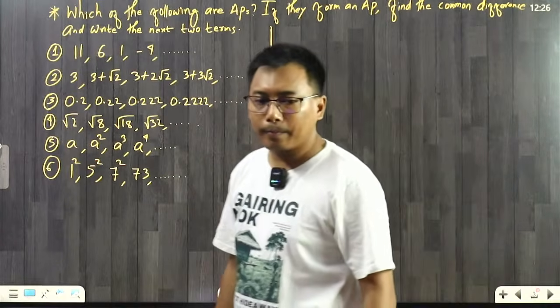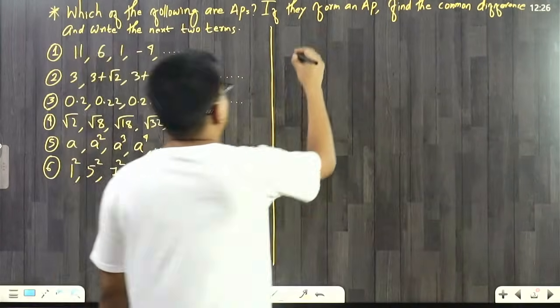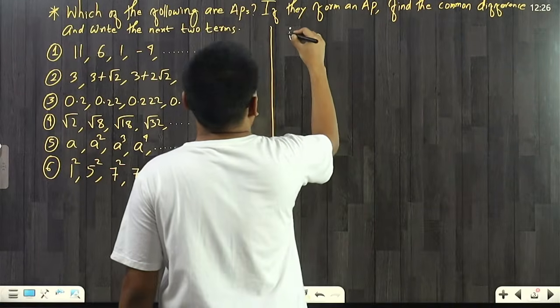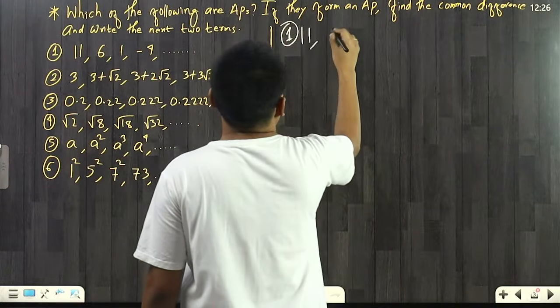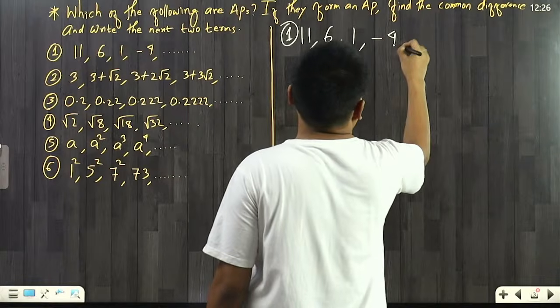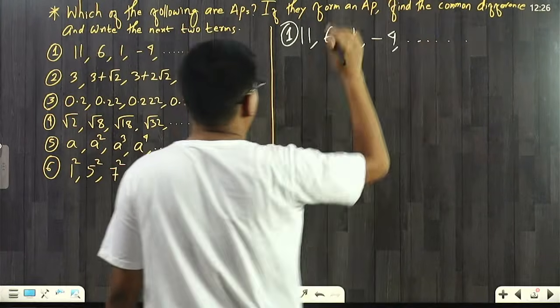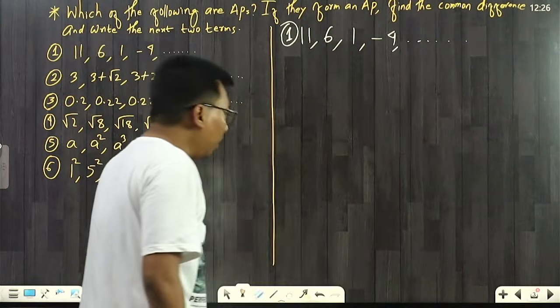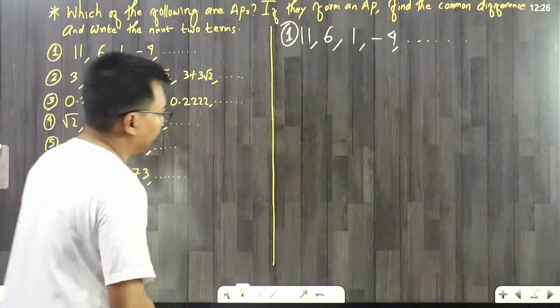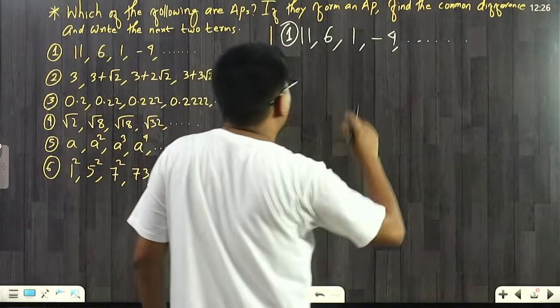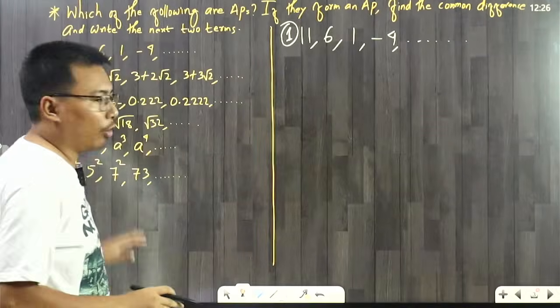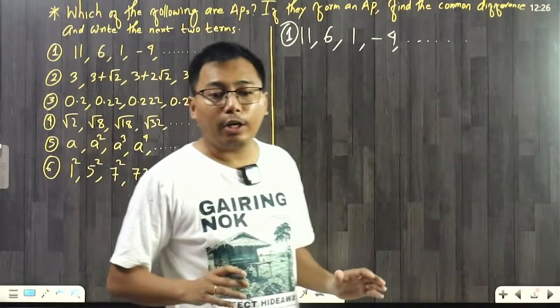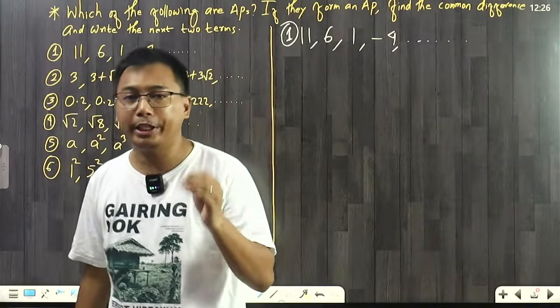All right? Okay, let's proceed with the first one. What do we have? The first one, 11, 6, 1, minus 4. Now first thing, to check if the given list of numbers is an AP, how do we check?